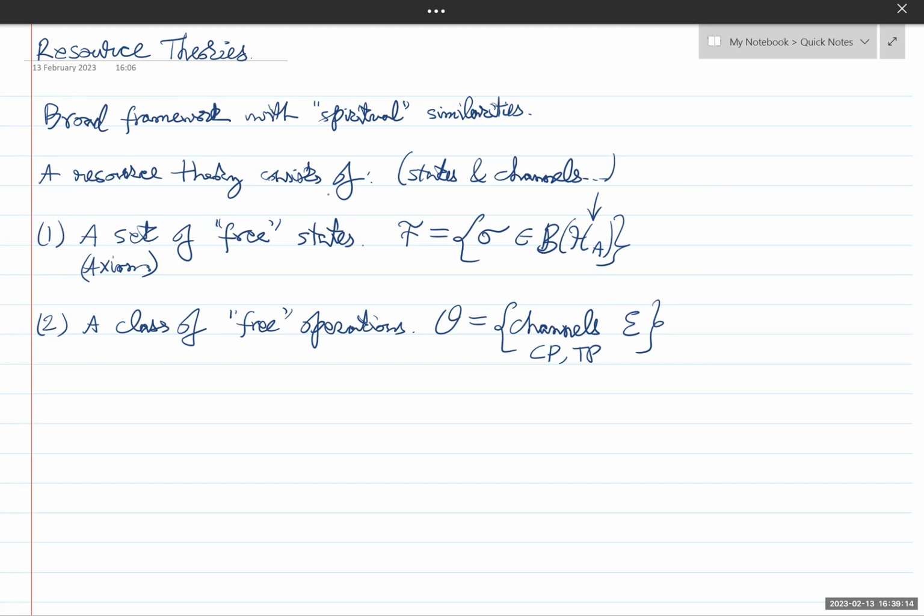You could have measurements, but in the broadest sense, to keep things simple, we can think of the class of free operations as some set of CPTP maps defined by certain conditions. Let's come to those conditions in a minute. And this is basically it.